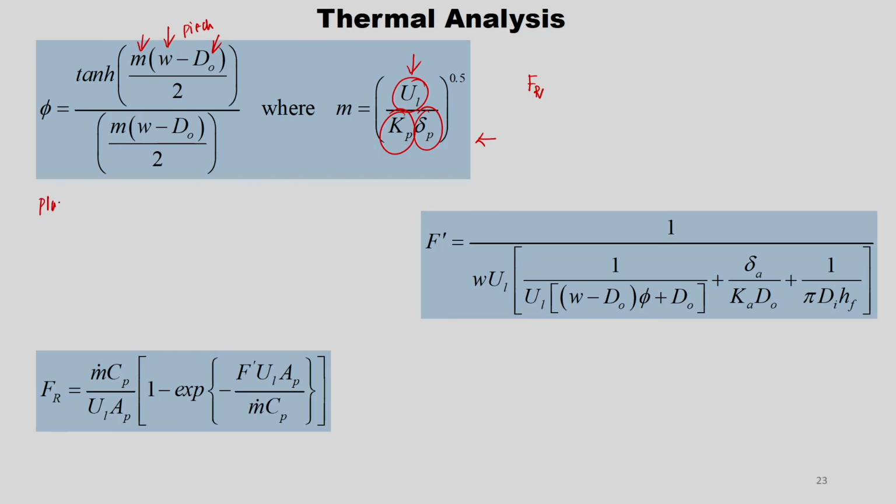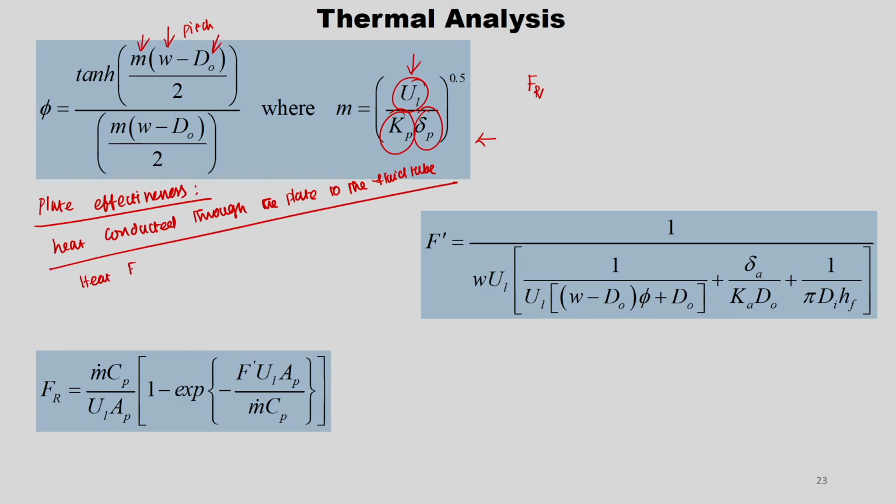This is called plate effectiveness: the heat conducted through the plate to the fluid tube upon the heat that would have been conducted if the thermal conductivity of the plate was infinite.